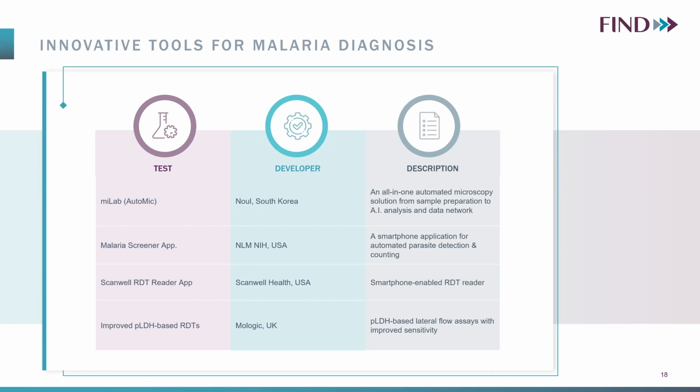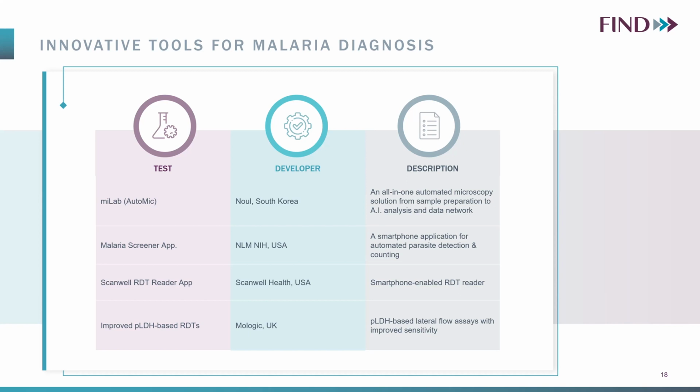We have also evaluated a smartphone application, Malaria Screener app, for automated parasite detection and counting, developed by the National Institute of Health, USA. And we also applied the ScanWell RDT reader application.